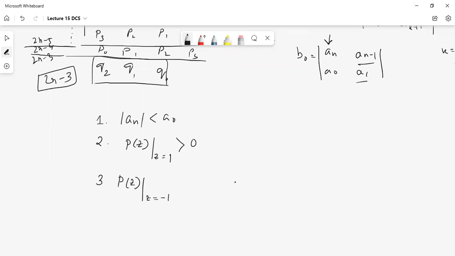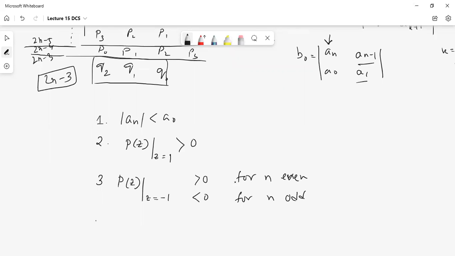If n is even, then the value has to be greater than 0, and if n is odd, then the value has to be lesser than 0.